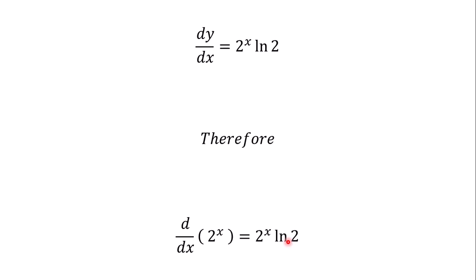There will be no constant because when you differentiate, the constant is 0. If it were an integral, then we would bring the constant c. So when you differentiate this, this is what you are going to get at the end of the day. Okay, all right, that's it.